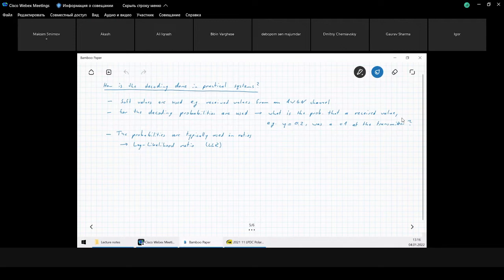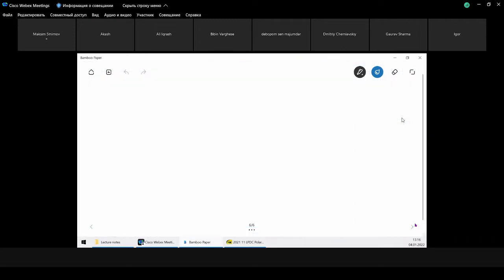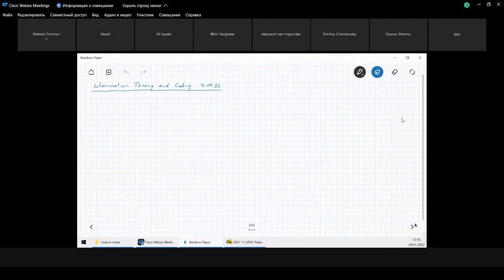Okay, so let's see what we have to start with. First of all, we need some more equations to describe what is being circled back and forth in this Tanner diagram. And therefore, we need to get to know the so-called log likelihood ratio, prerequisites for the LDPC decoding.